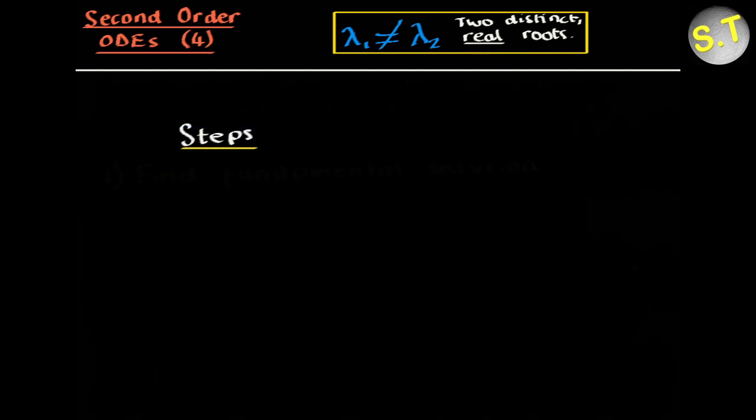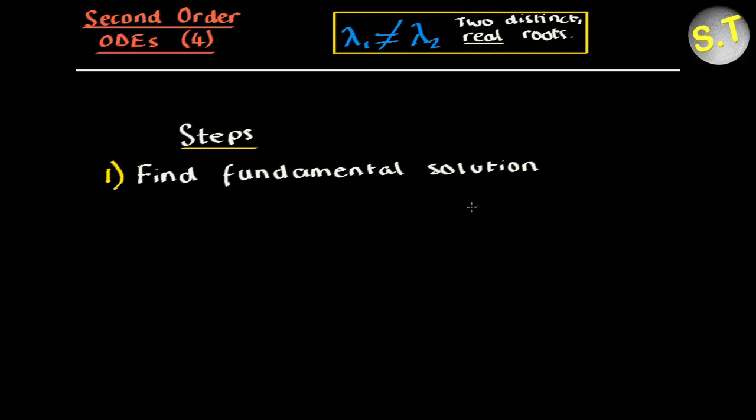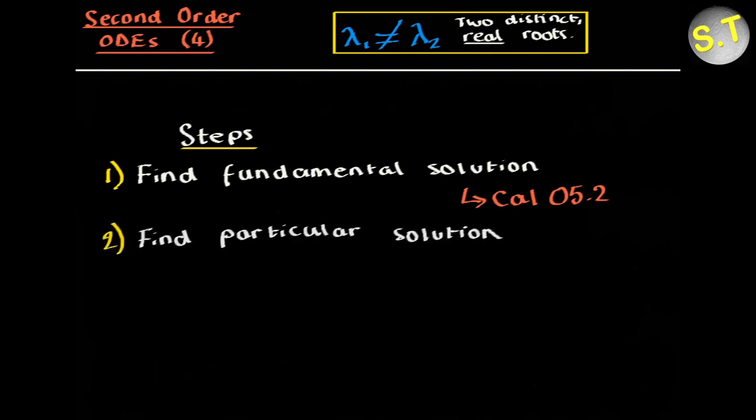So to summarize, the first thing that we did in order to solve this was we found our fundamental solution by using our lambda function, treating our function as though it was homogeneous. And we did this in the first video of this mini-series, which was Cal 05.2. The second thing we did was we found our particular solution, which is also known as our non-homogeneous solution, and we did that in video calculus playlist 05.3.